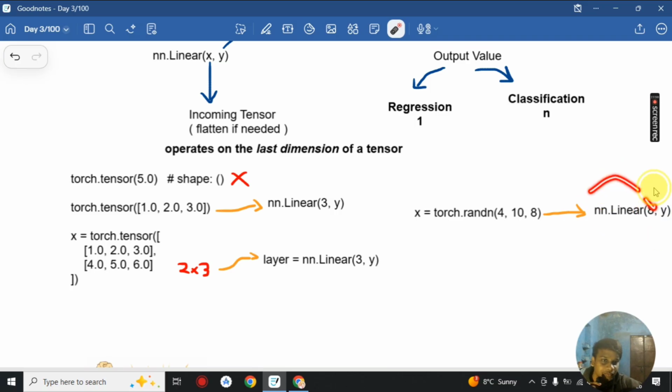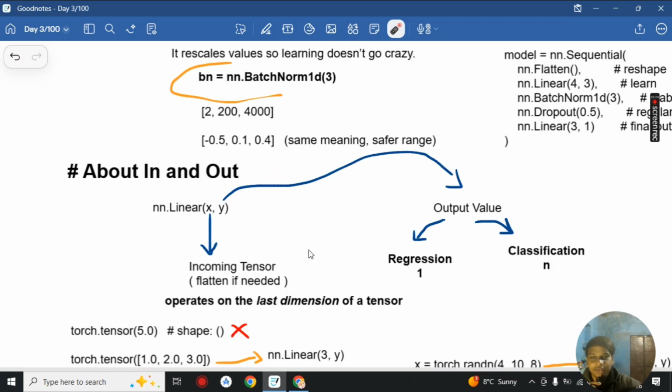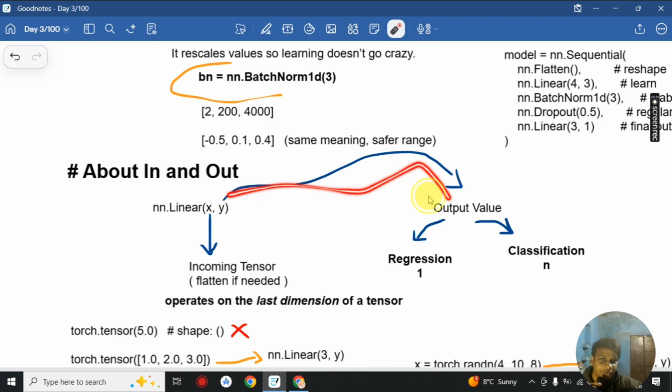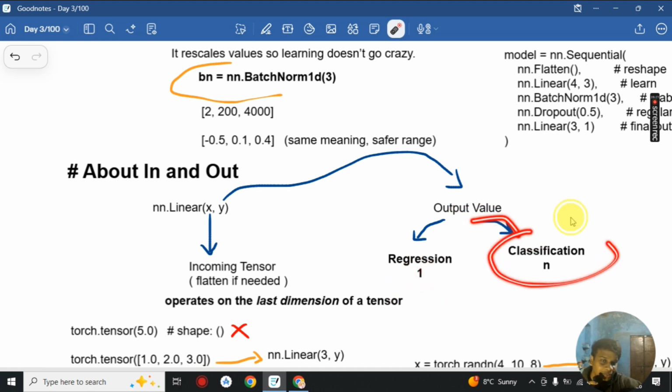So in short, the input feature depends on the last dimension of a tensor, and the output depends on the task. If it is regression, you will be getting one value. If it is a classification task, you will be getting n values.